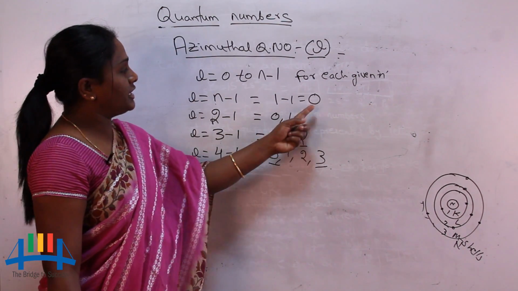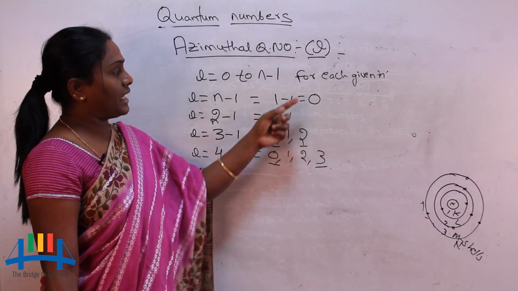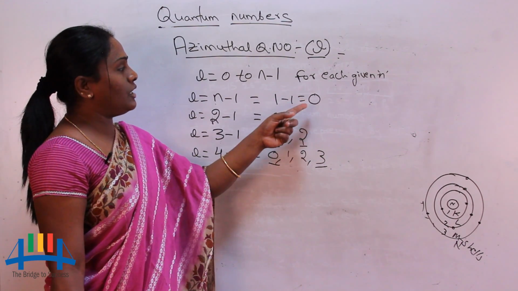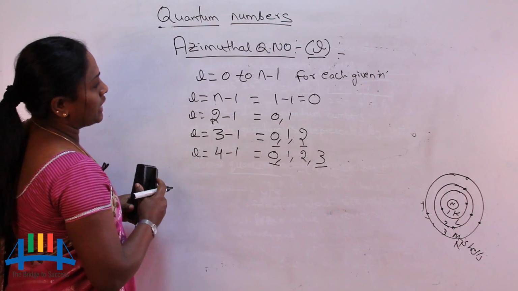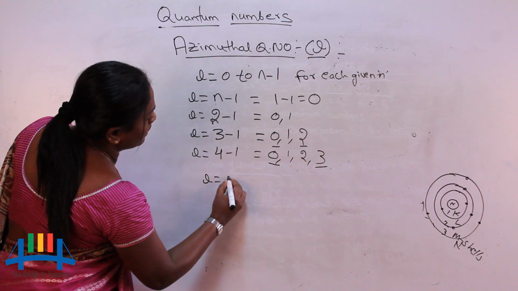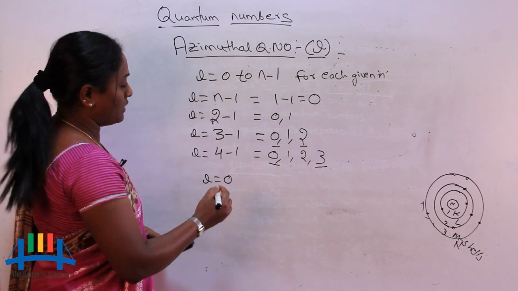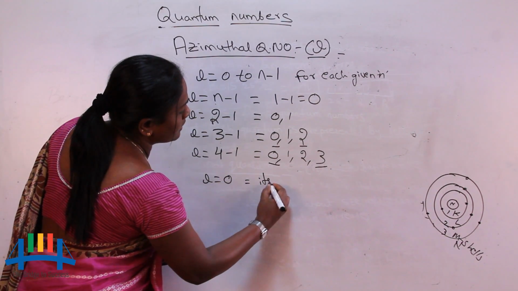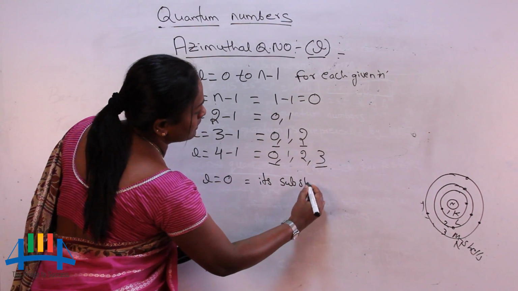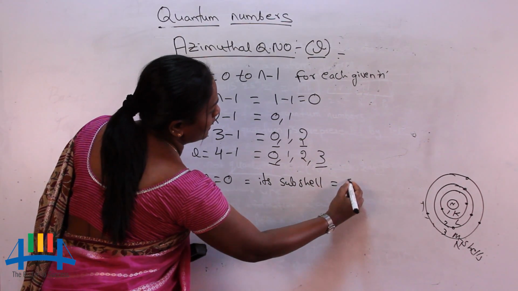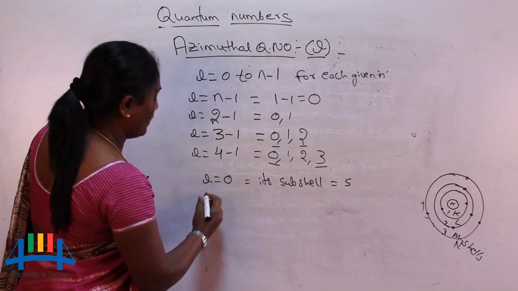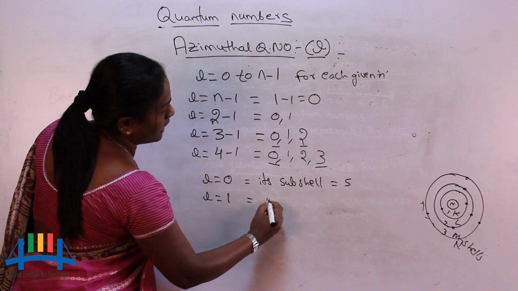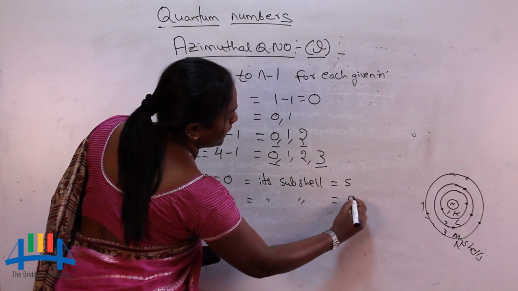Each l value represents a subshell and the shape of the subshell, and each l value carries one subshell. If l is equal to 0, its subshell is s. If l is equal to 1, its subshell is p.